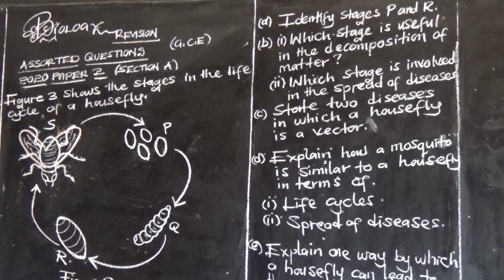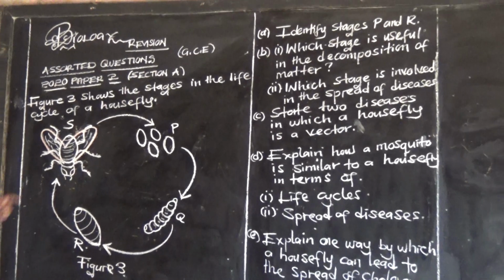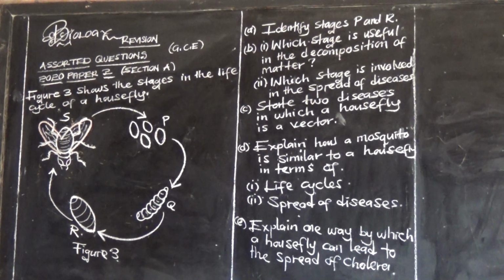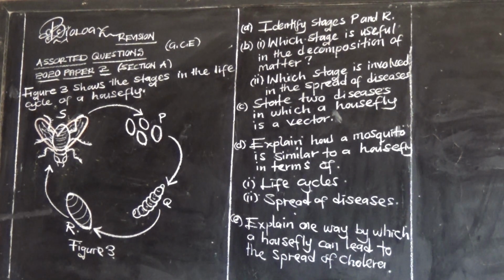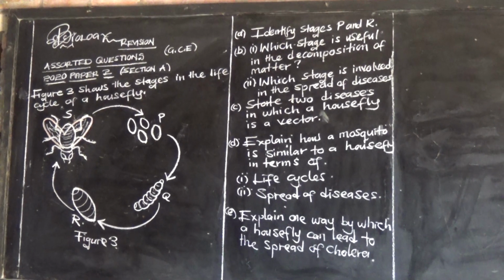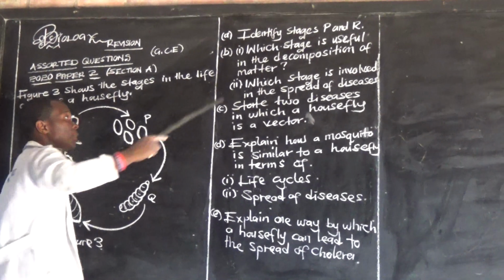That's the similarity in terms of the life cycle: the eggs, the larva, the pupa, and the adult. Now let us look at the first question, which is question A.